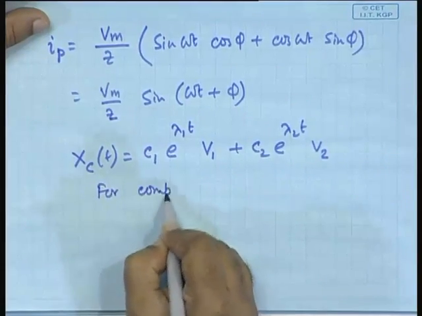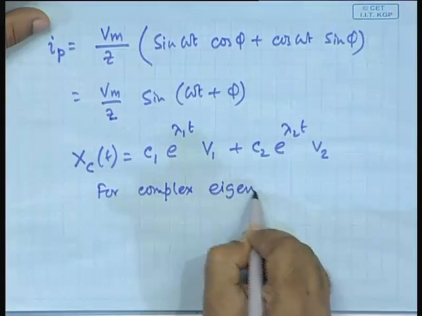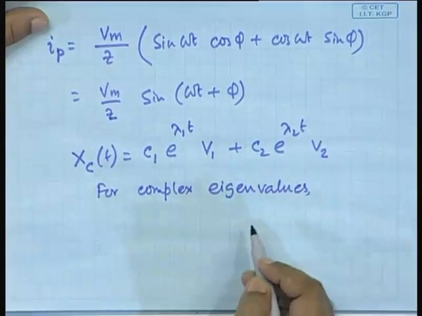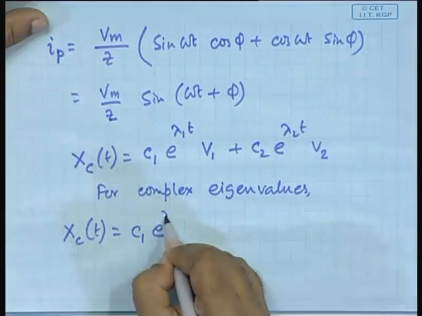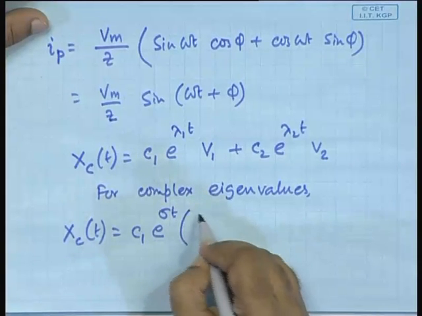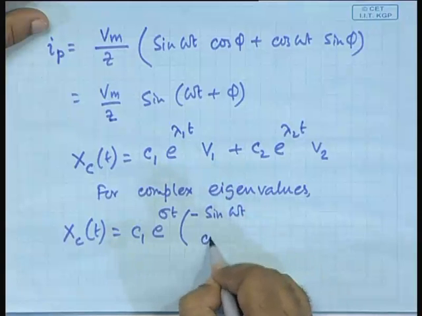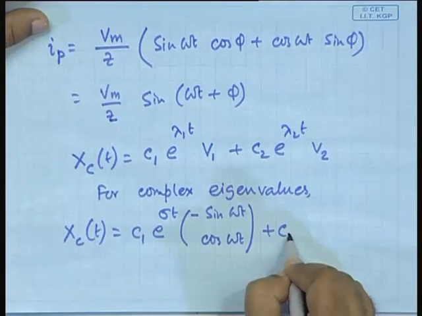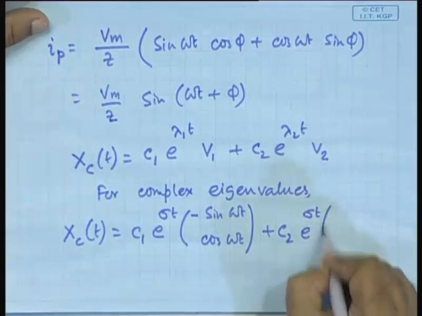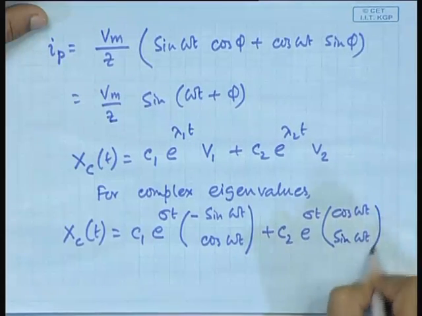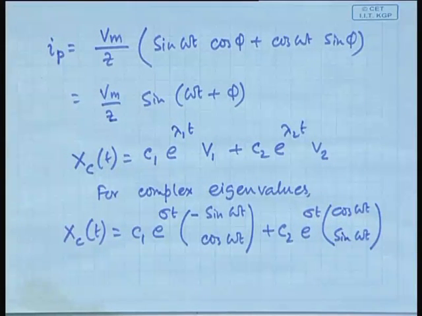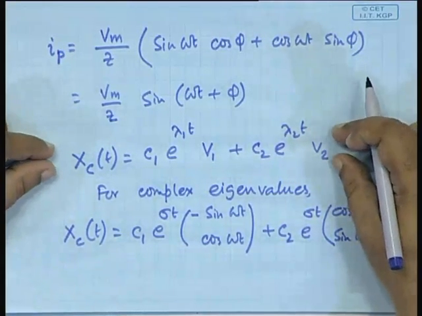So, for complex eigenvalues, x c will be C 1 e to the power sigma t times, remember, what we had obtained, and this will be the complementary function. Okay. So, for real eigenvalues, this will be the complementary function. For complex eigenvalues, this will be the complementary function.